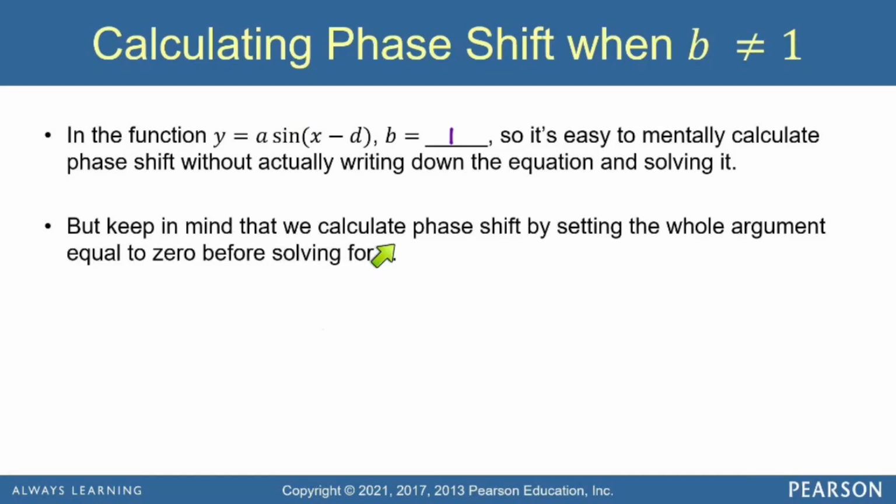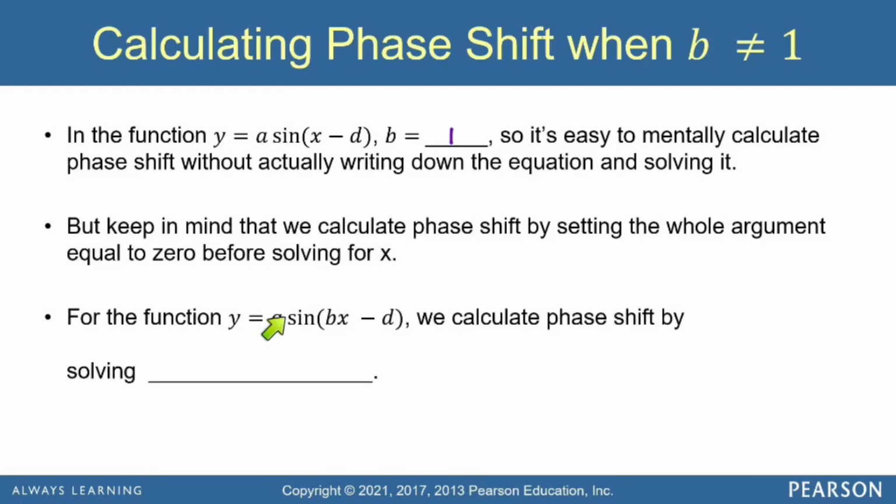So we calculate phase shift by setting the whole argument equal to 0 before solving for x. In other words, we write down the whole inside of the parentheses and then put equals 0 after that. That's what we have to solve. So in the case of a times the sine of bx minus d, we would have to solve the equation bx minus d equals 0. So you see your b number is going to have an effect on your phase shift.